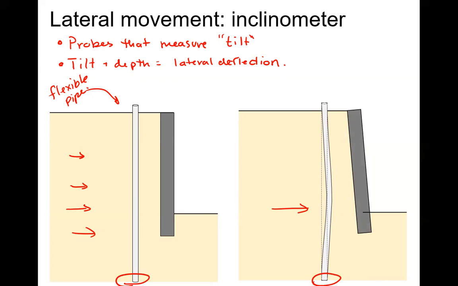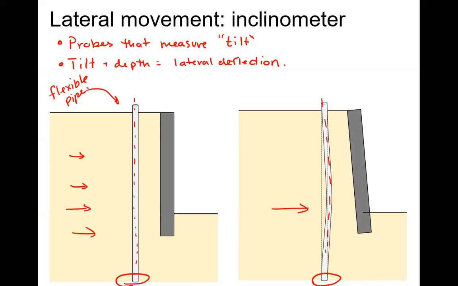And if we take these inclinometers and we take the profile, so we drop the inclinometer tube through here and then back up, we can get the profile in its nice straight condition, our initial condition. And then over time, if we start seeing movement, then we can start getting the profile in its deformed position.